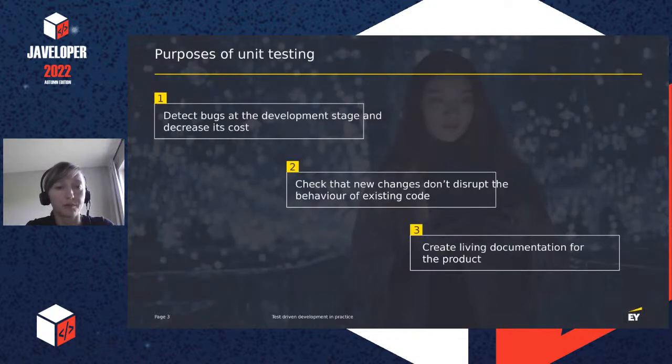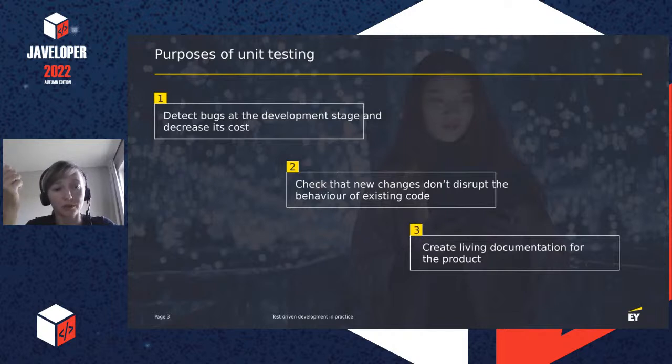What are the purposes of unit testing? First purpose is to detect bugs at the development stage and decrease its cost. As we know, the cost of fixing a bug at different stages of the product life cycle is different. The earlier a defect is detected, the lower will be the cost of its correction.